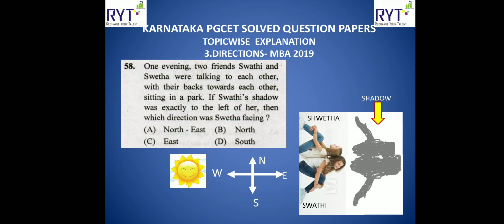Now in this case Swati will be facing south. Now the question is, which direction was Shweta facing? So if Swati is facing south, then Shweta will be facing north direction. The answer is option B, north.